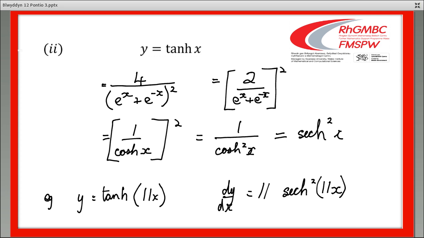So the differentiation is a two-parter. We differentiate the hyperbolic function and it gives whatever it gives us. But then we go inside this bracket and we differentiate the function of x, just as if we were back in year 12 doing unit 1, differentiation of a polynomial. We differentiate 11x and we get 11.